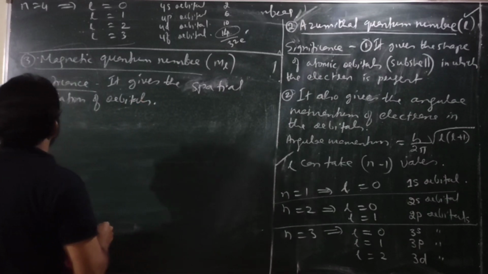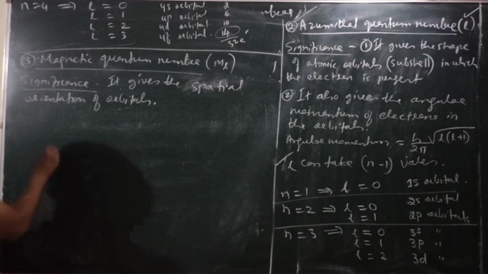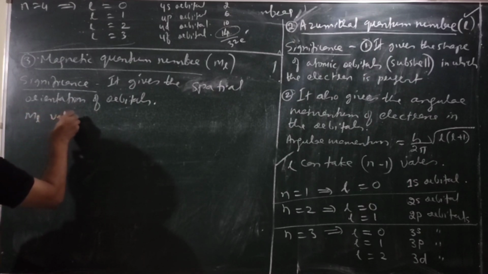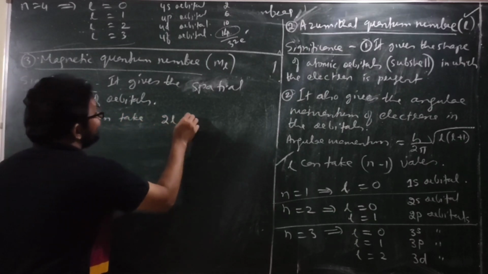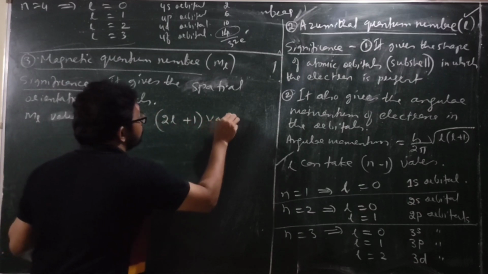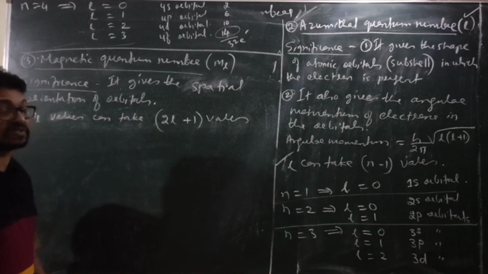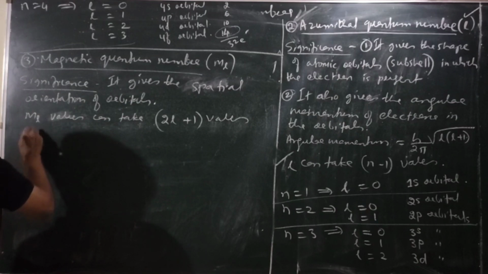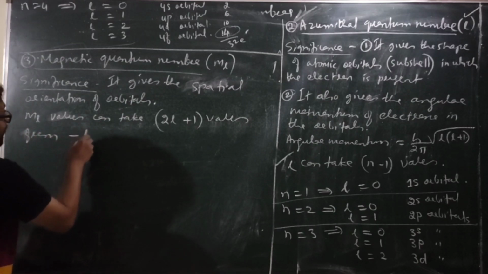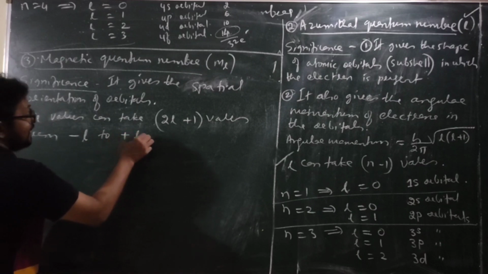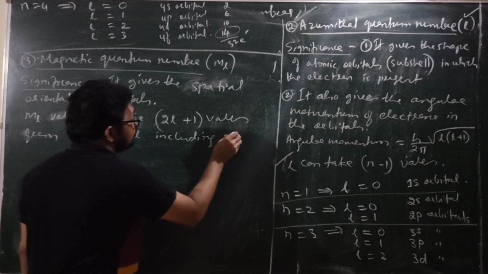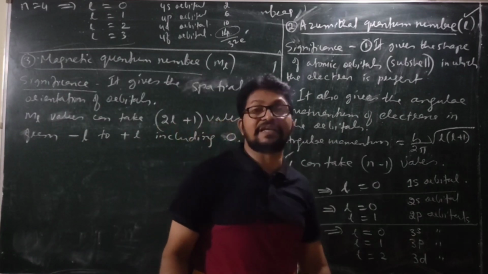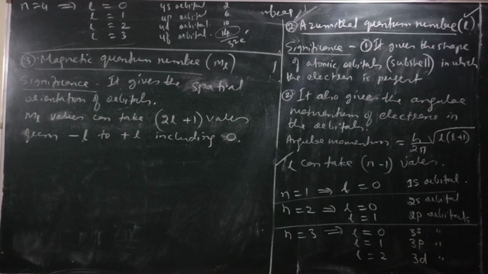This is the information, and you know, ml values can take how many? 2l plus 1 values, from minus l to plus l including 0.